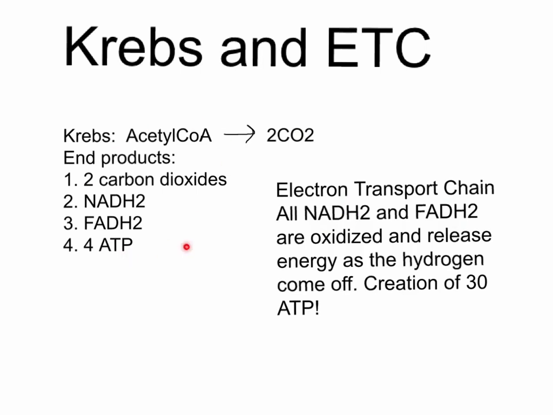Your CoA, sorry, is what I'm trying to say here. After your acetyl group gets dropped off, the CoA can go back to another pyruvate and basically help with pyruvic acid breakdown. Okay, so that's basically the gist of this entire unit.